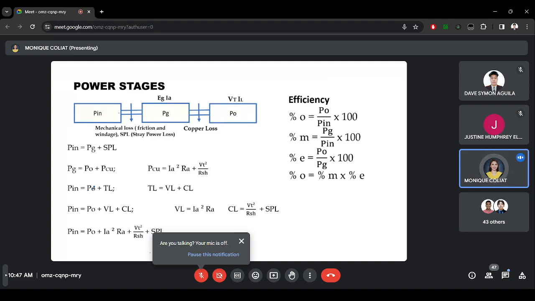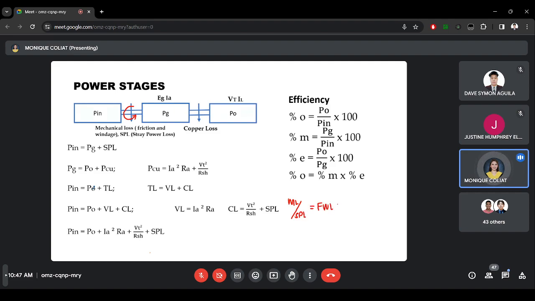Okay, and then we have here the mechanical losses, which is, say for example, the friction and windage loss, the core loss, or iron loss, and the forward loss. It is also called stray power losses. So, ML, mechanical loss, or SPL is equal to friction and windage loss plus iron loss plus forward loss.